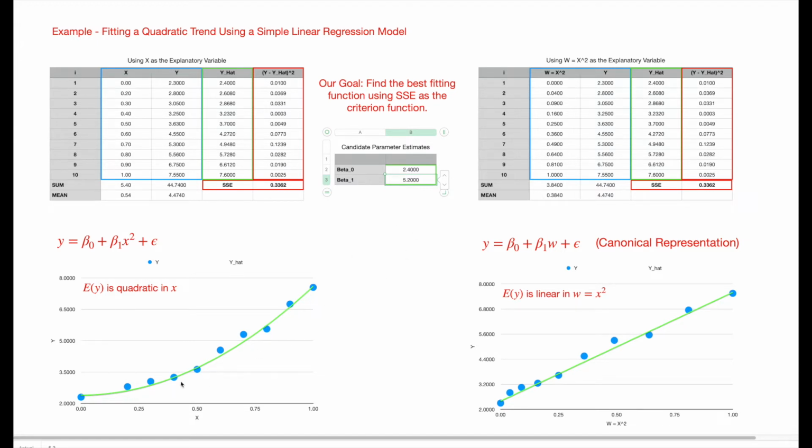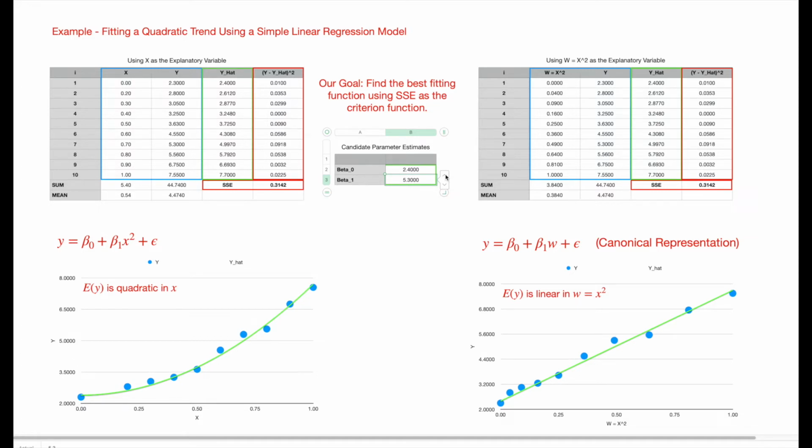So this is a quadratic function that we're fitting to this scatter plot that has a quadratic trend. It looks like we're getting fairly close. Let's see what happens if we modify these two parameters a bit. The SSE in both tables is currently 0.3362.